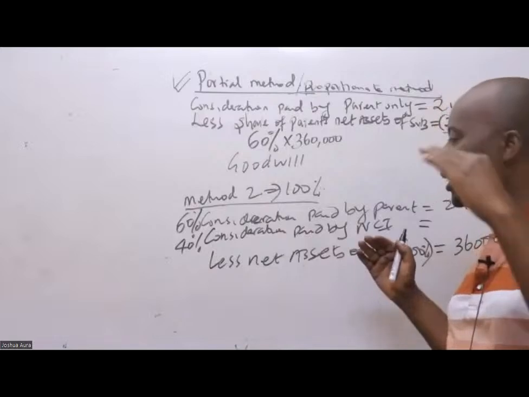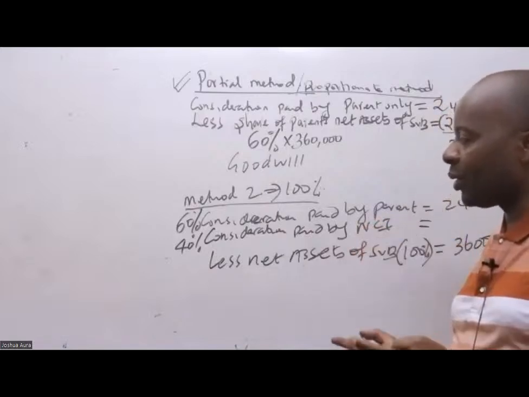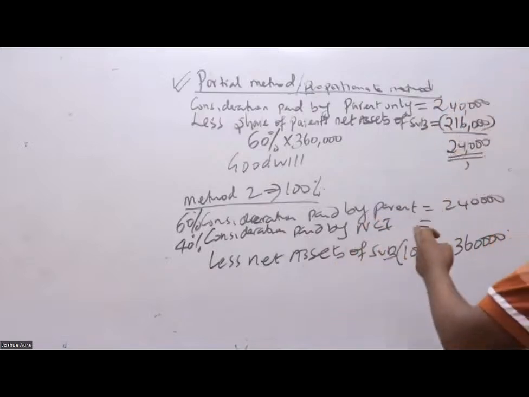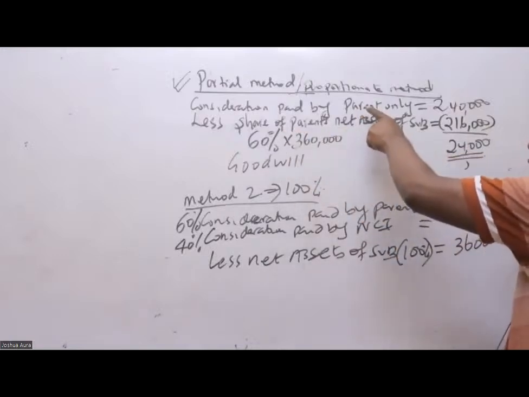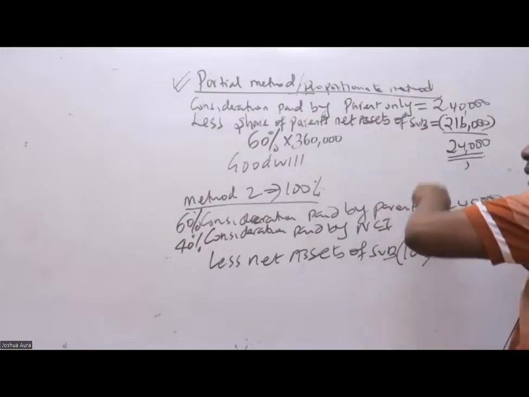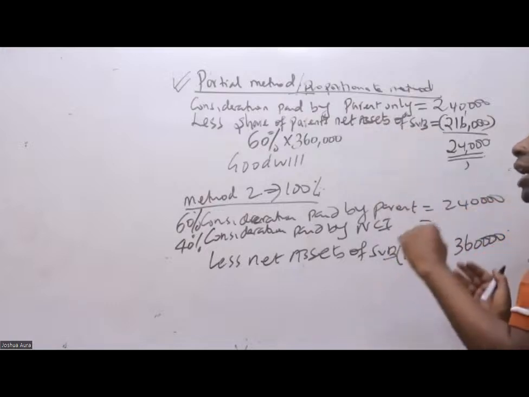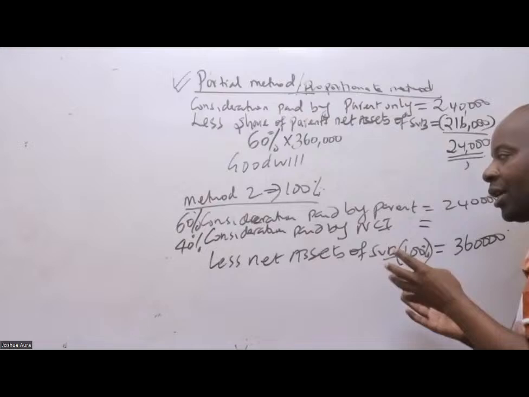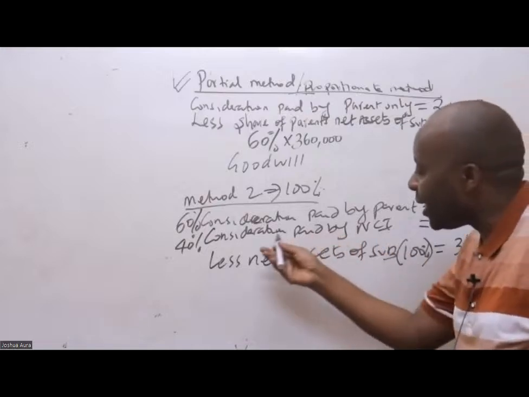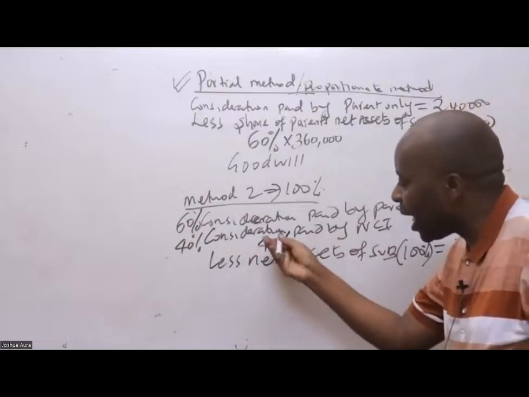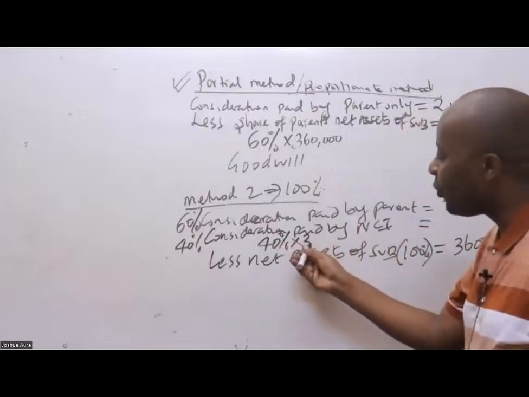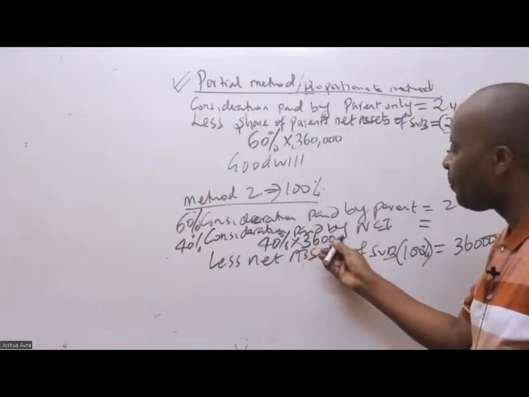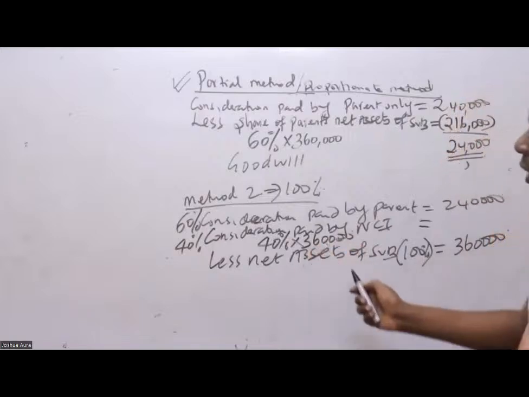Now, if it is the proportionate method, you can't use fair value of NCI. Proportionate method, then come and take the proportion of NCI of the total net assets.